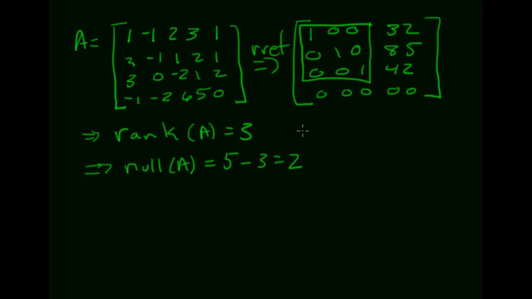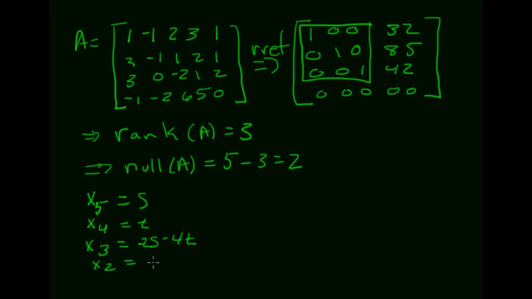Now if you think about this, this gives me two free variables, x5 and x4. I can make that s and t. That implies that x3 should be -2s minus 4t.